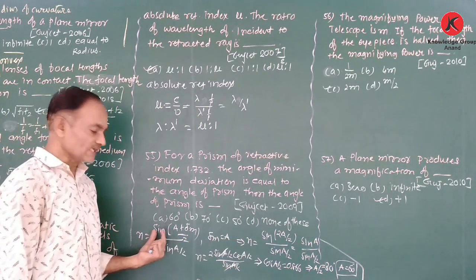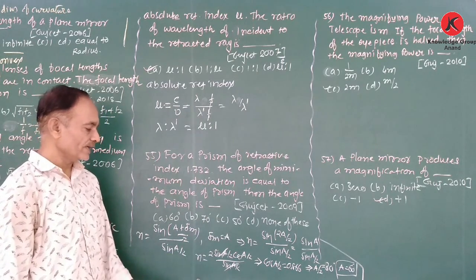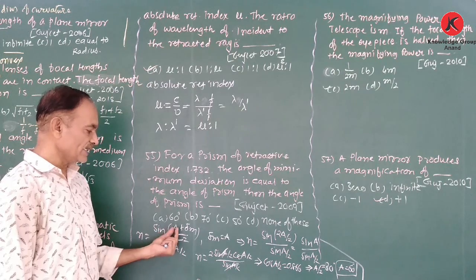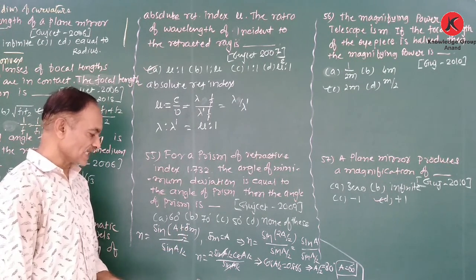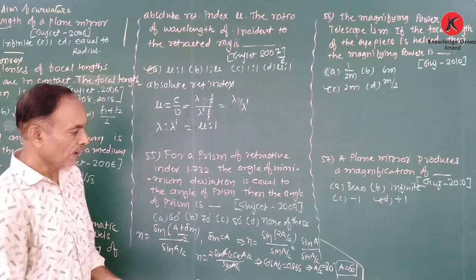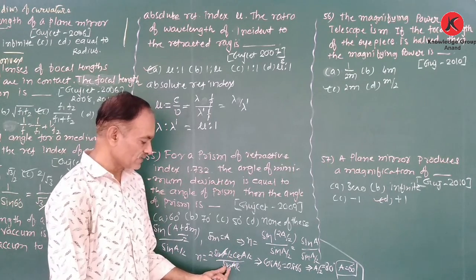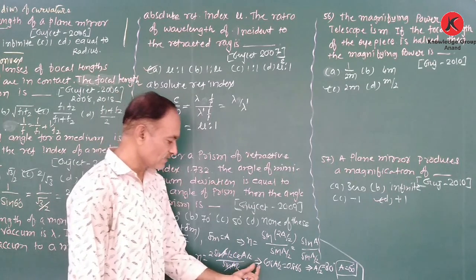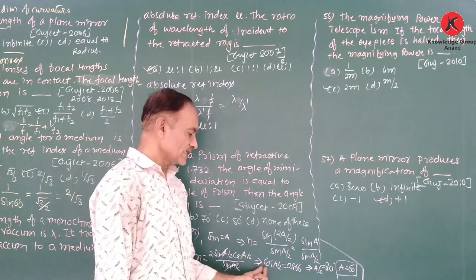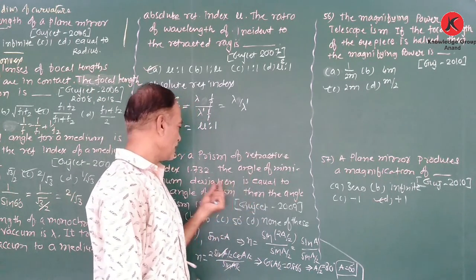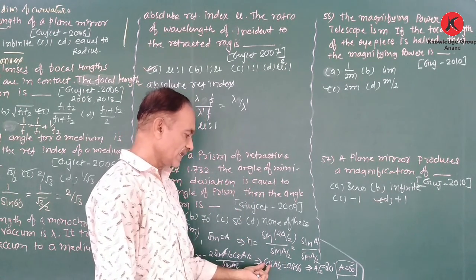Again, n is equal to sine of (A plus delta m) by 2 upon sine A by 2, but delta m is equal to A. Therefore n is equal to sine 2A by 2 upon sine A by 2. Applying sine A is 2 sine A by 2 cos A by 2, the sine A by 2 cancels, so n is equal to 2 cos A by 2.